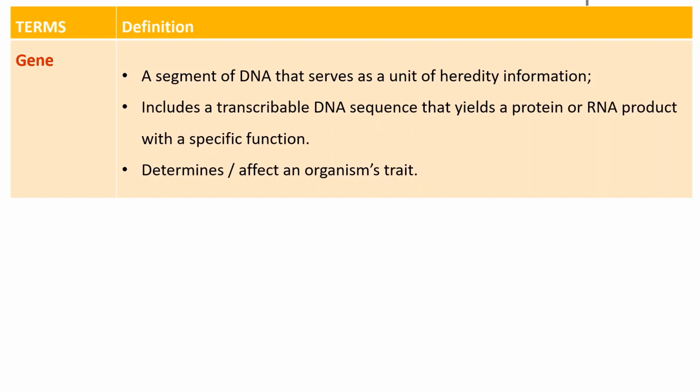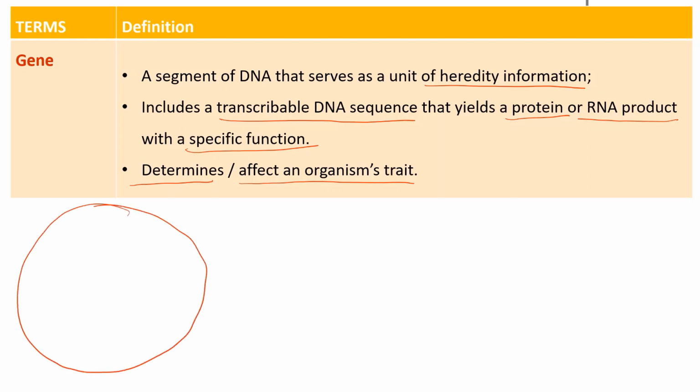Genes. A gene is a segment of DNA that serves as a unit of heredity information. It includes a transcribable DNA sequence that yields a protein or RNA product with a specific function. A gene determines, or affects, an organism's traits. For example, here we have a human cell.